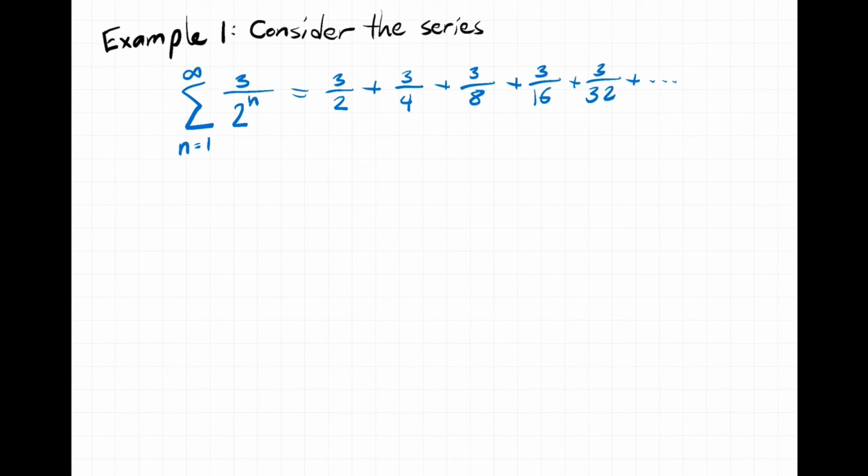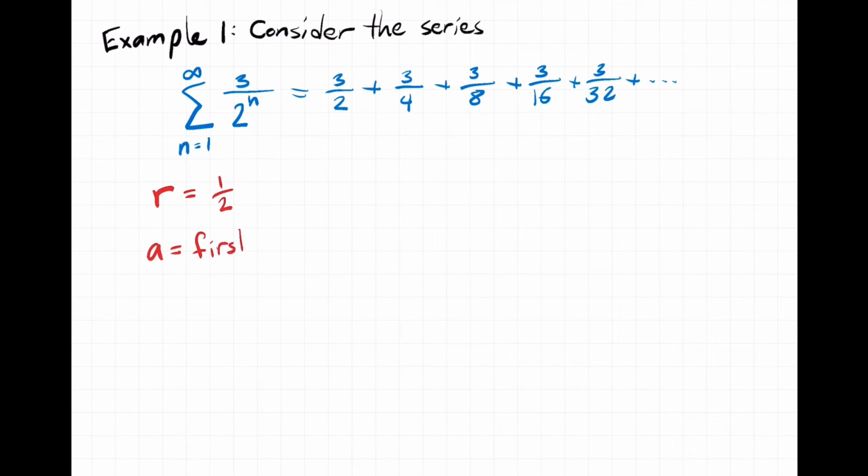So for this series, the sum as n goes from 1 to infinity of 3 over 2 to the n, we worked out that our r is 1/2. Each term gets multiplied by 1/2 to give you the next term. Our r is 1/2. And our a is always the first term.